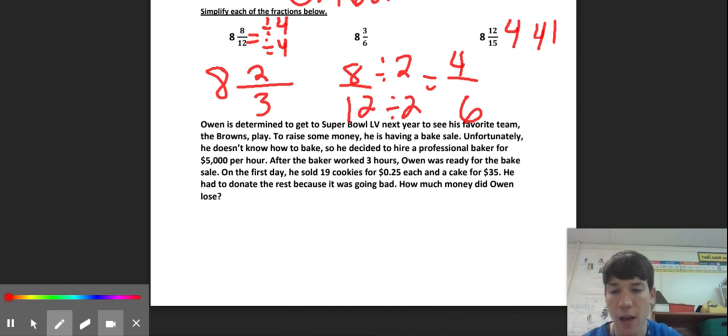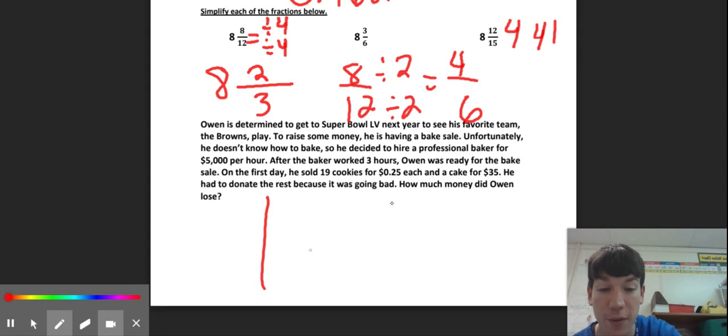All right, to our word problem. Owen is determined to get to Super Bowl 45 next year to see his favorite team, the Browns, play. To raise some money, he is having a bake sale. Unfortunately, he doesn't know how to bake, so he decided to hire a professional baker for $5,000 per hour. Let's write it down.